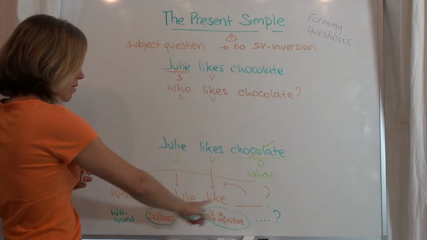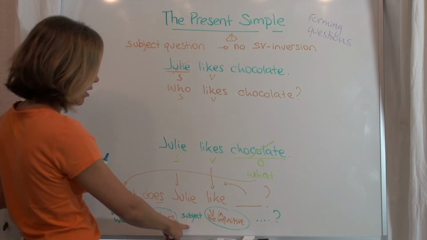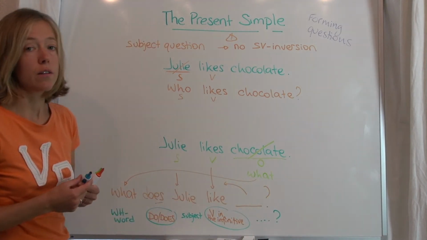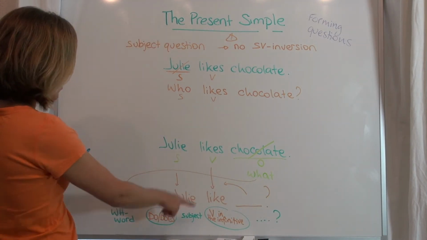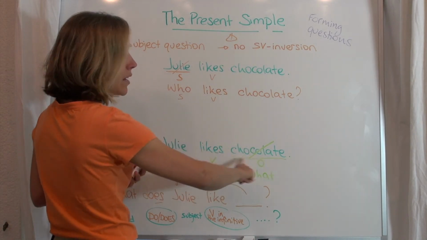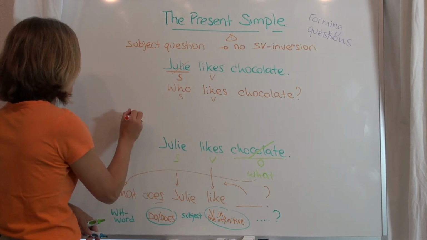So it's always the same order. WH word, do or does, the subject, the verb in the infinitive, and the rest of the question if there's something more. And as what we're looking for is in the place of the object, it's called an object question.